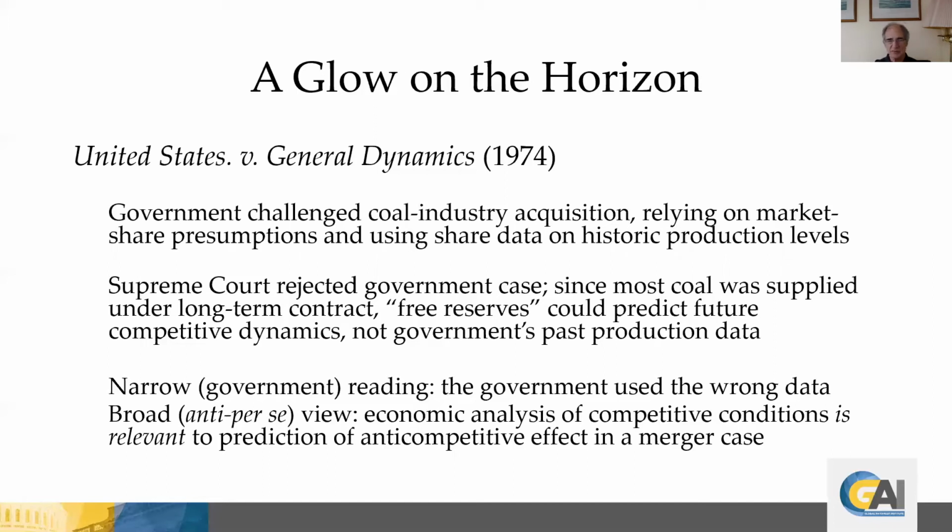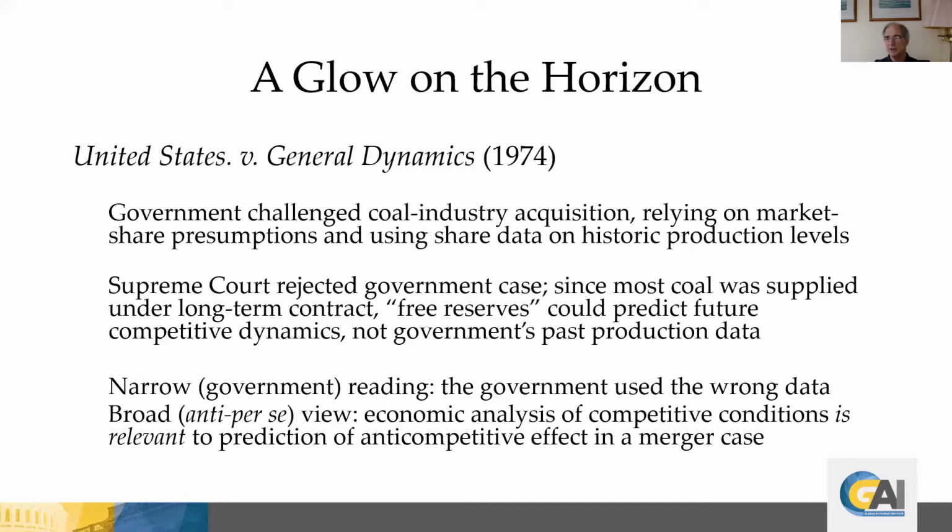But it was subject to interpretation, with those favoring the more traditional government position and the heavy market share presumption and the stricter approach. Their reading was the government had simply messed up and used the wrong data. There was no real change in Supreme Court antitrust doctrine involved in the case.